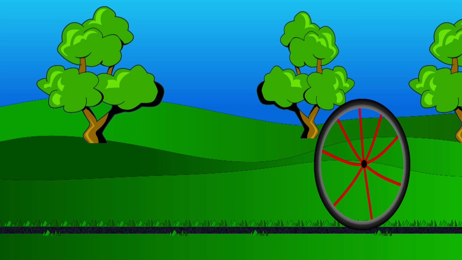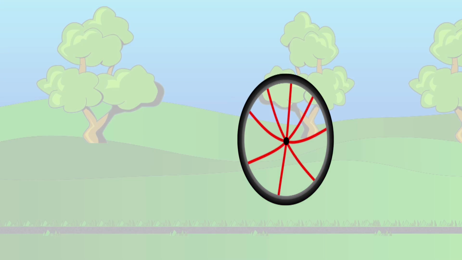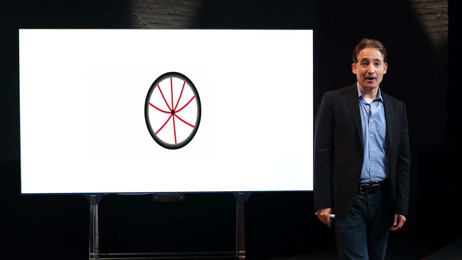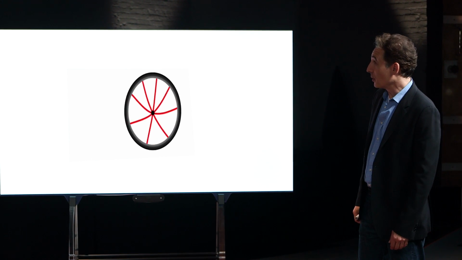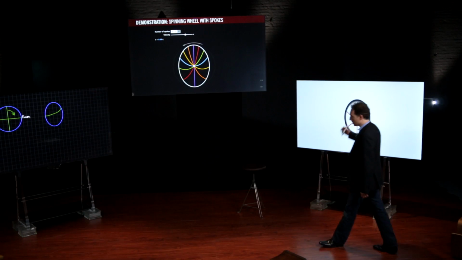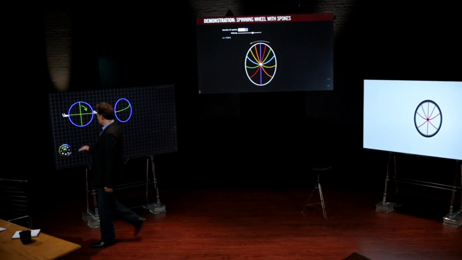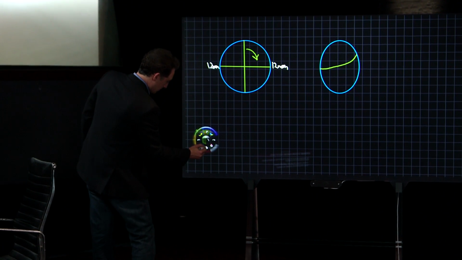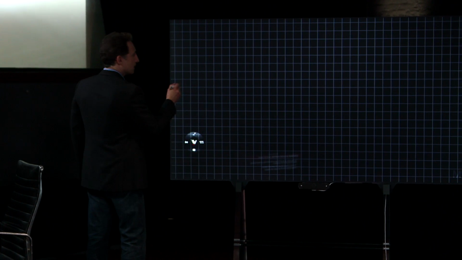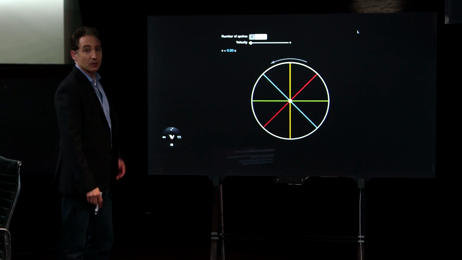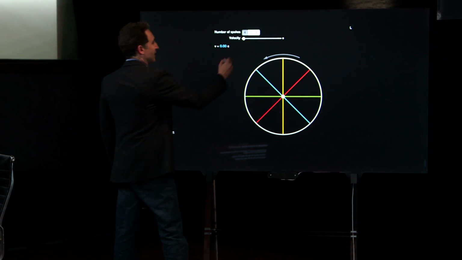The spokes have the kind of shape that I was describing before because of the fact that the clocks in the front are lagging behind the clocks in the rear. The spoke first hits there, and then its other end hits the horizontal position, which means the spokes are bent. So that's a kind of cool idea. You can play around with that in a little demonstration over here, where you can pick the velocity of the wheel.